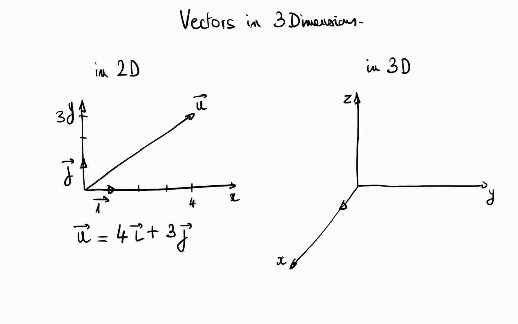They are all at 90 degrees. Along the x-axis, there is also the unit vector i. Along the y-axis, there is a unit vector j. And along the z-axis, we define a unit vector k.